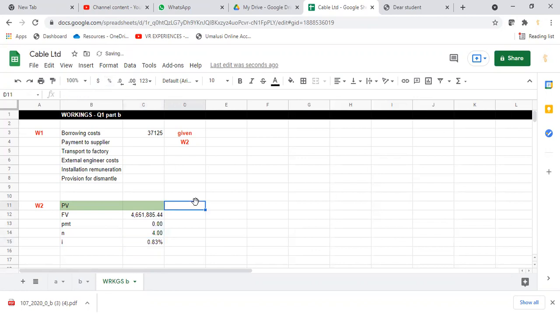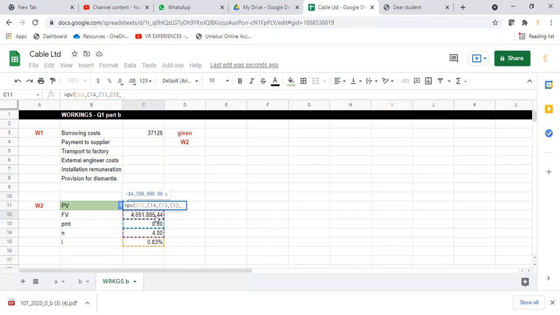Now we're going to plug it in. So PV, equals present value, open bracket, I, N, PMT, future value. In Excel as well as Google Sheets, you need to state whether it's the beginning of the period or the end of the period.